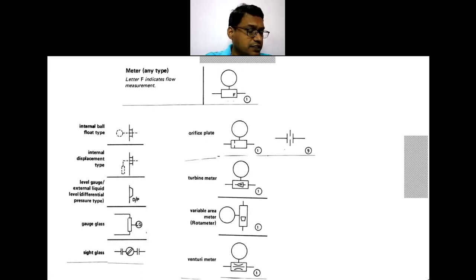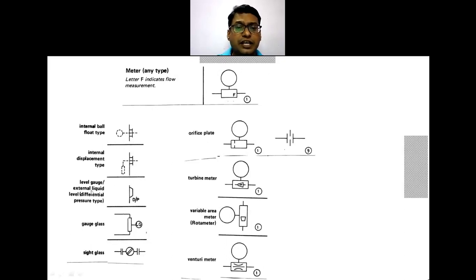The first, the ball float, is a float and shaft arrangement, and the second, the internal displacement type, is the float and tape liquid level type.